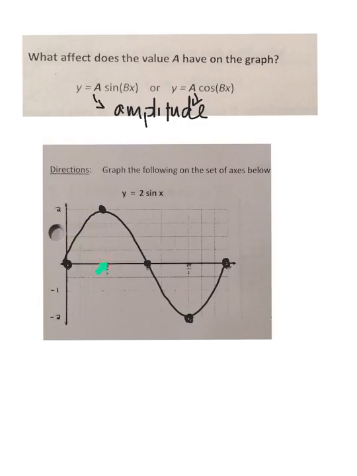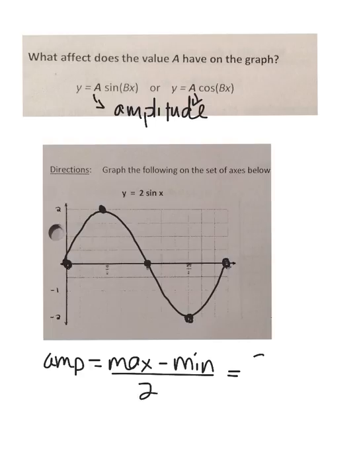Okay, so again, now let's just double check. Maximum is 2, minimum is -2. And not that I need to do this, but remember, if I want to find my amplitude, I can do my maximum, and I won't do this for every single one, but I will just show you for this one, minus the minimum divided by 2.